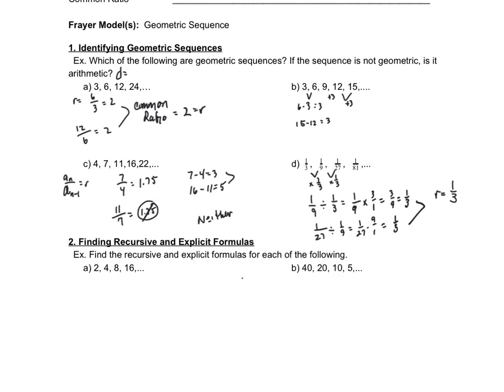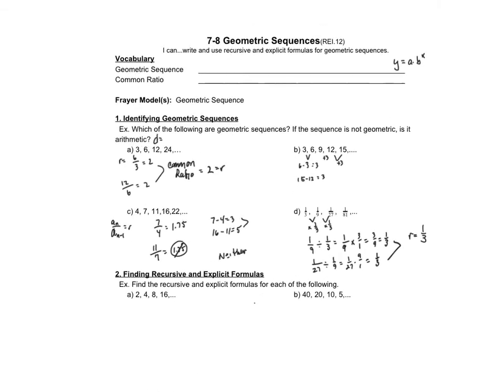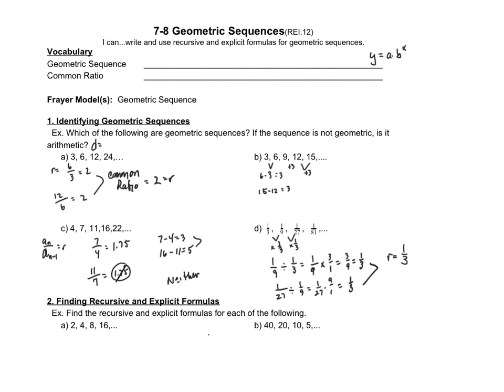So if we move forward and start looking at finding the recursive and explicit formulas. All right, so my explicit formula, and I put this on all our notes. The explicit formula is going to be an, which is some future term number, equal to a1 times my common ratio raised to the n minus 1 power.